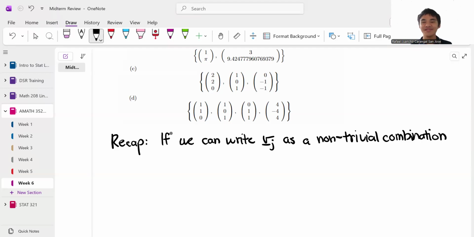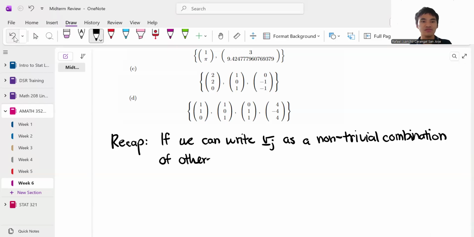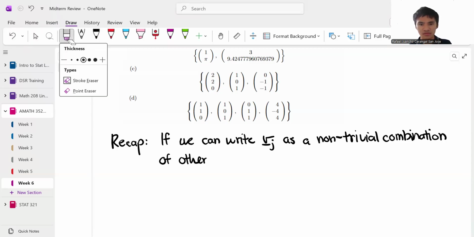So we're only doing linear objects as a non-trivial linear combination of other. Actually, let me do VK to make it different. I don't wanna assume they're the same thing, you know? I can't see.